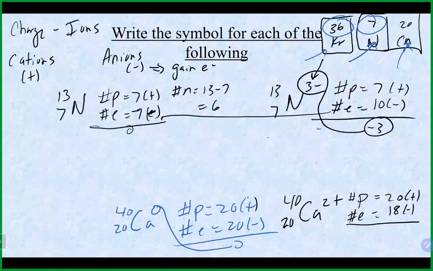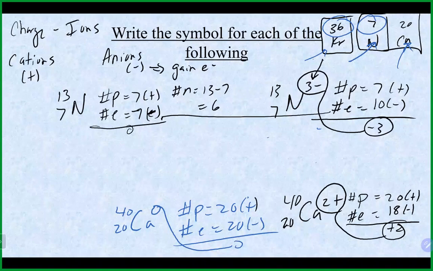Now that's because we have 20 protons and 18 electrons. So 20 positives, 18 negatives. That's going to leave us 2 positives left over, and once again, that is where the charge comes from. It basically has 2 more protons than electrons, so those 2 extra account for the positive 2 charge that we see.